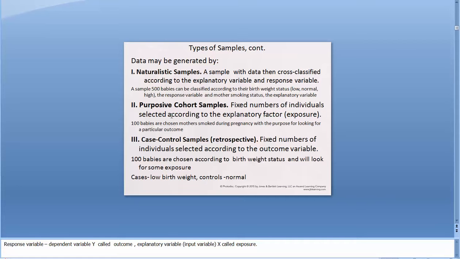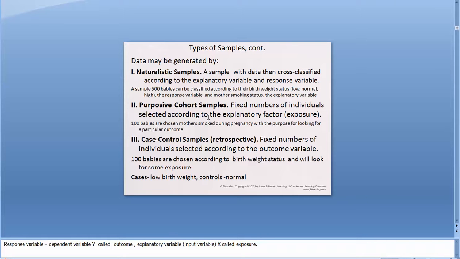Second one is of course having some design, that is like purposive cohort samples. Purposive definitely means that there is a purpose. So it is like a cohort sample, means you will gather a cohort of people or items or anything which has a certain characteristic.